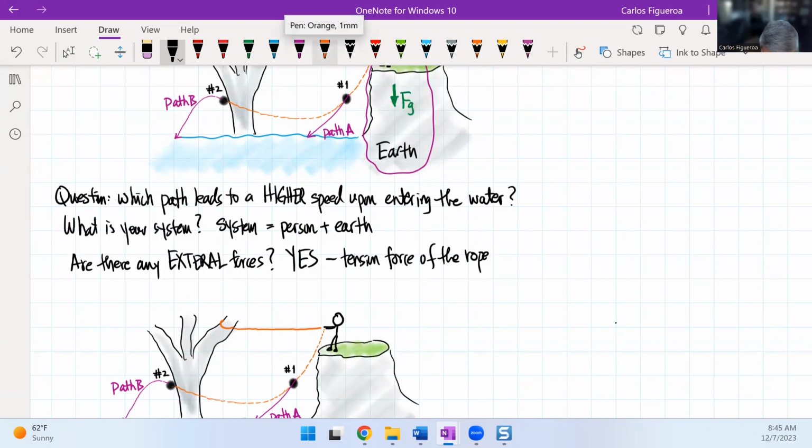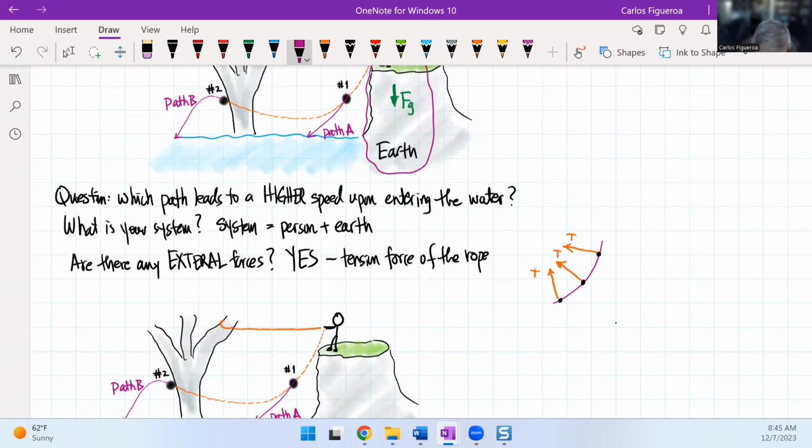If you're looking at the swing, here's what you're seeing. As you swing, the tension force is always going to be perpendicular to the displacement. In other words, I have a tension force, a centripetal force, that's always changing direction so that it points towards the center of the circle.